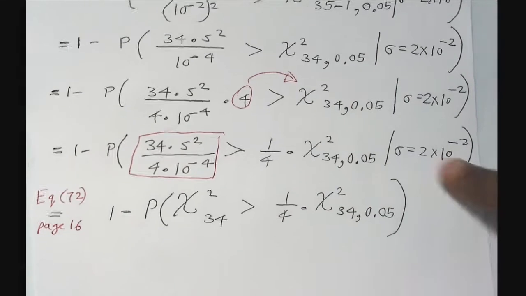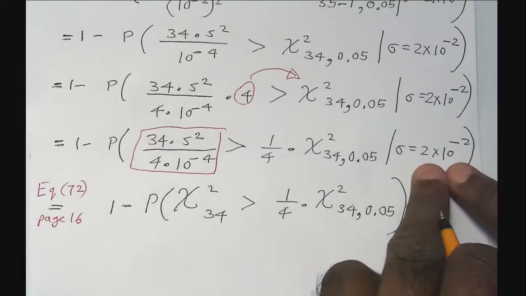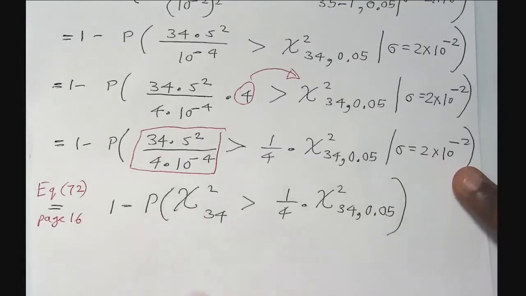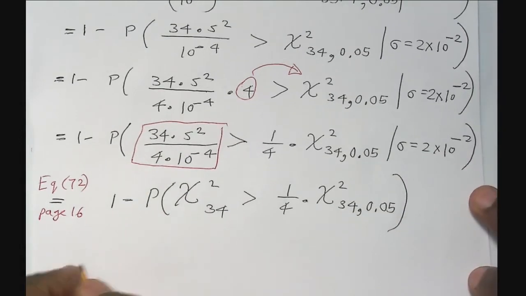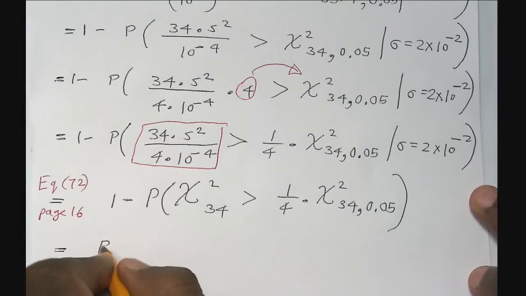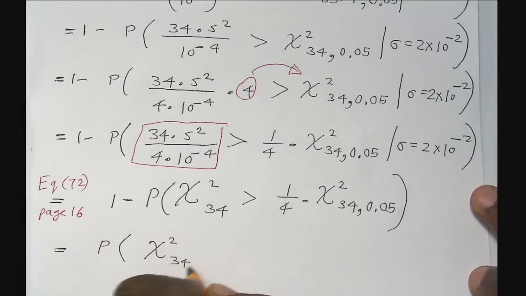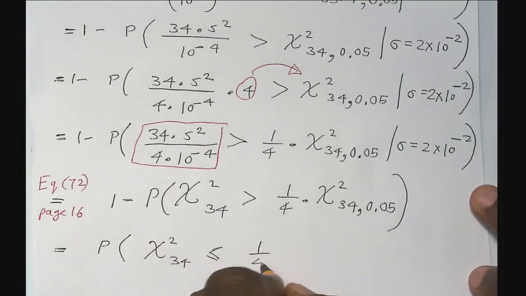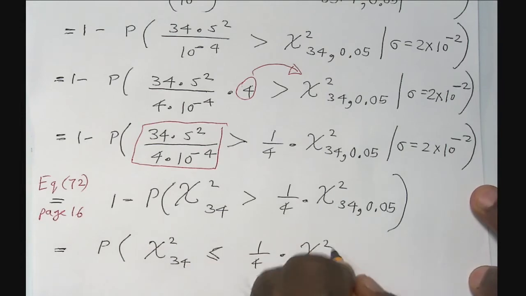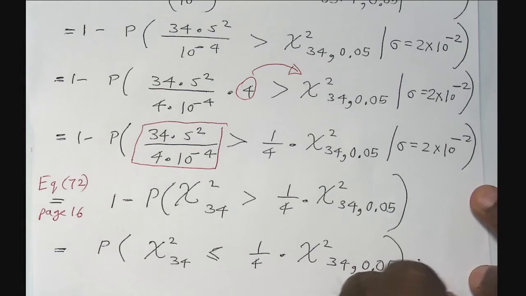Now we don't need the conditioning here anymore because we have used the conditioning to argue that this has the chi-square distribution, right? And finally, this you can simplify to this, right, guys.